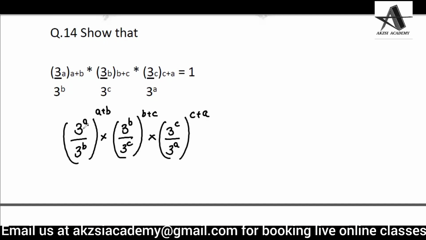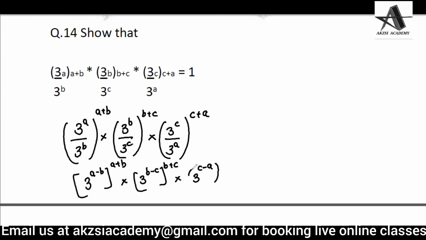This first can be written as, when we divide the exponents, 3 to the power of a minus b whole to the power of a plus b, into 3 to the power of b minus c whole to the power of b plus c, into 3 to the power of c minus a whole to the power of c plus a.